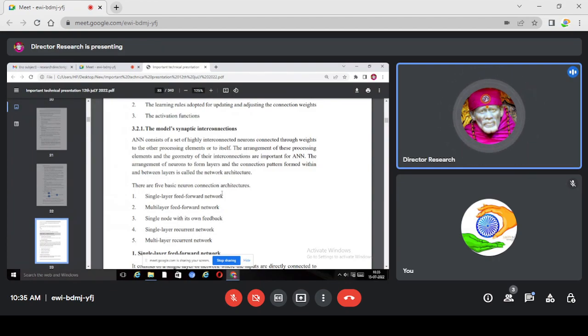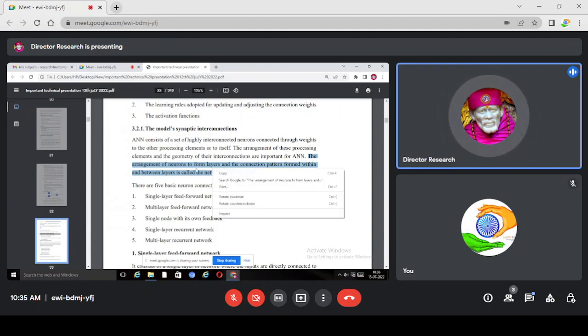The arrangement of these processing elements and the geometry of their interconnections are important for artificial neural networks. The arrangement of neurons to form layers, and the connection patterns formed within and between layers, is called the network architecture.